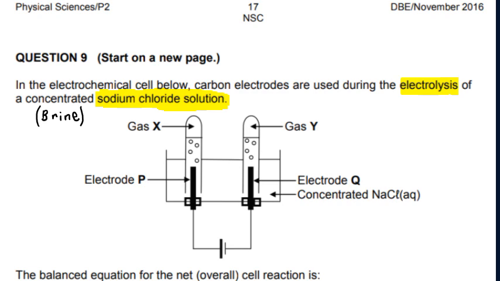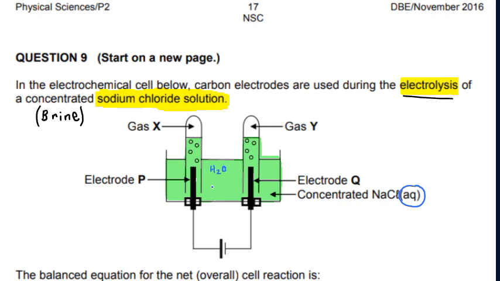So this is sort of like an upside down experiment over here. Analyzing this situation further, we have to note that this sodium chloride is in solution, aq, which means that because it's concentrated we don't have that much water, but water is present in this.